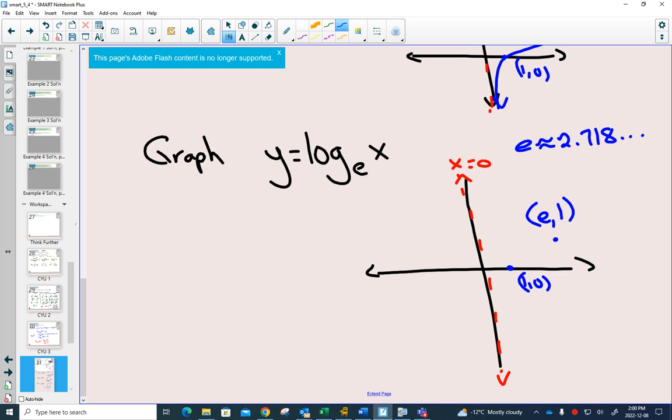Okay. Now, to make things interesting, your calculator likes log base e of so much that they have a special logarithm.